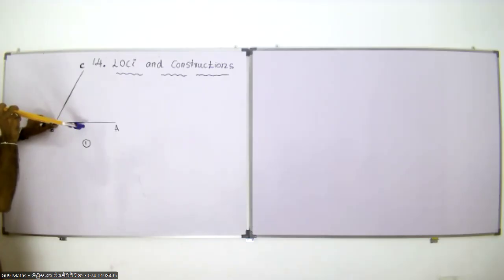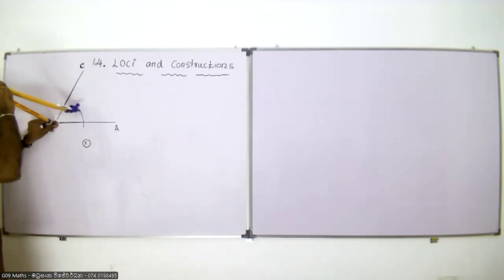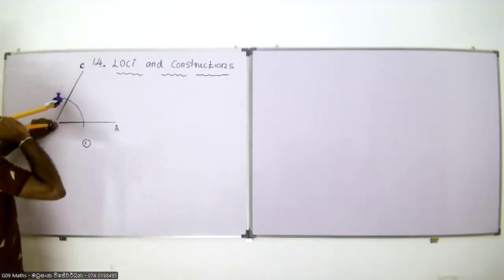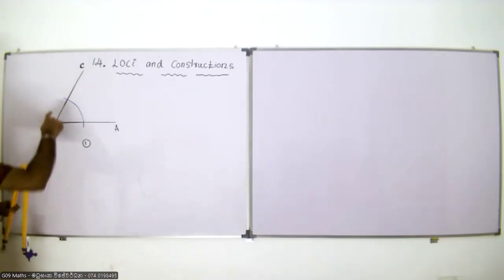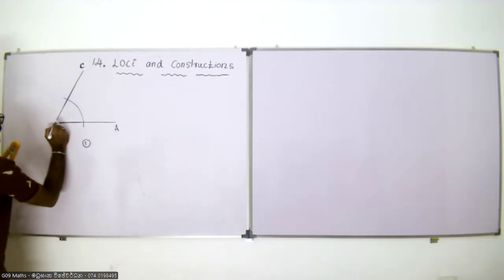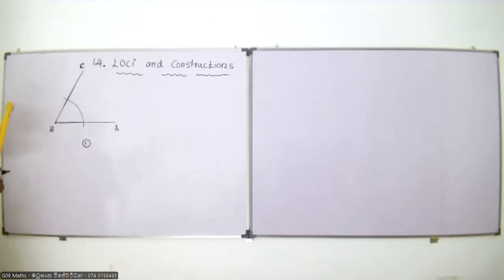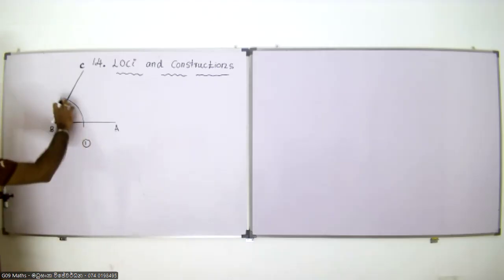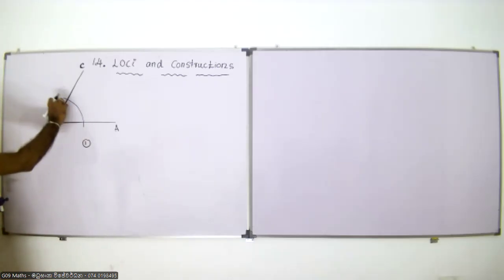And draw an arc which intersects both your arms. No need to name these points. This is what you have to do.